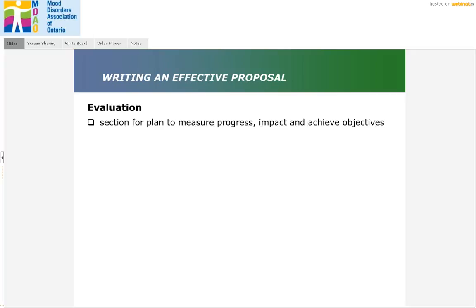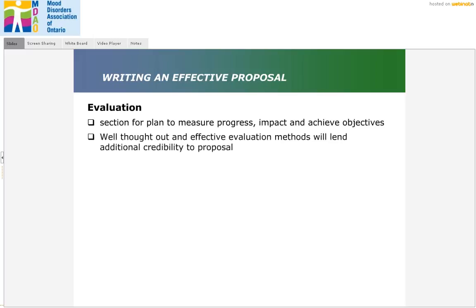It should be well thought out, as well thought out and effective evaluation methods will lend additional credibility to your proposal.